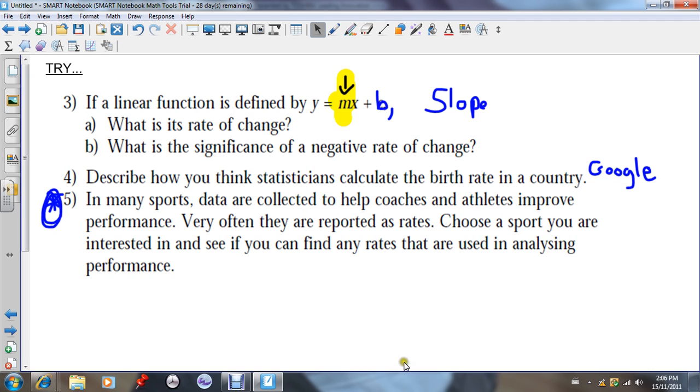So if you get this done before the period is over, which I think you will, go ahead and review Unit 1. Numbers 4 and 5, I want you to Google together, as a group effort in my room. Use the computer, use the smart board, and just work on these.